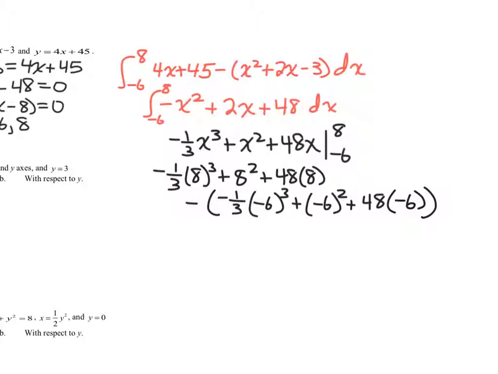All right, the numbers are a little on the large side, but you know, they're not outrageous. So you're looking at values that, you know, they could conceivably end up on the non-calculator part. So that's why I'm doing it out like this. So 8 cubed, that's probably the beefy part of this. 8 times 8 is 64.